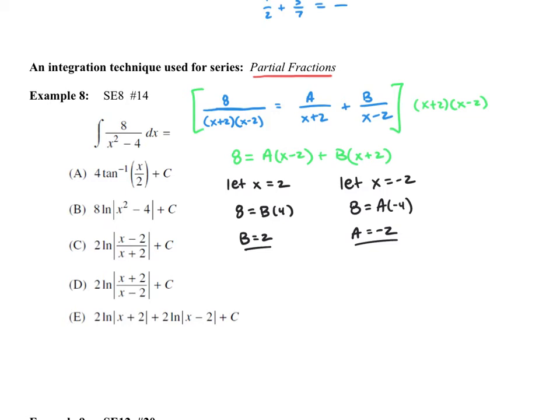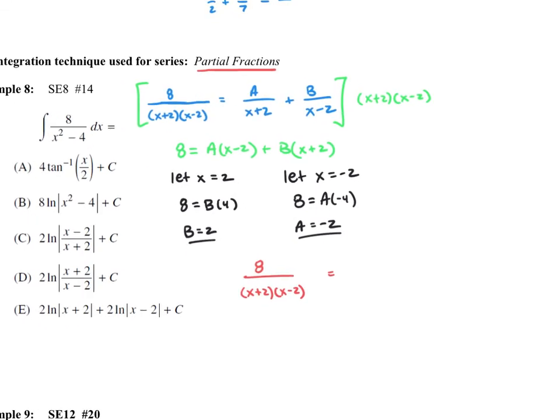All right, so here's what we've done. We have essentially set up the fraction 8 divided by x plus 2 times x minus 2, and we're rewriting this, simplifying it down into the fraction -2 divided by x plus 2, because a was -2, and I'm looking up here at the original.